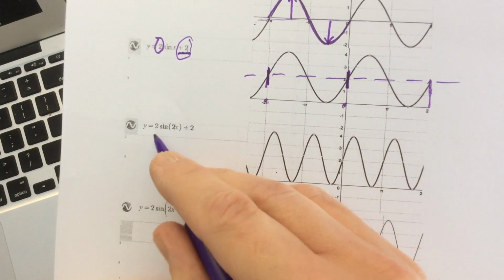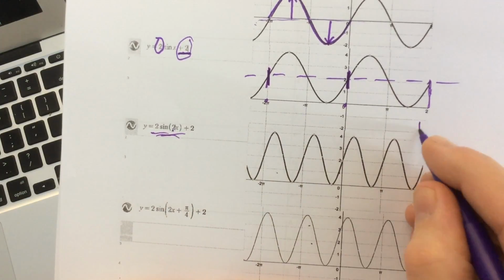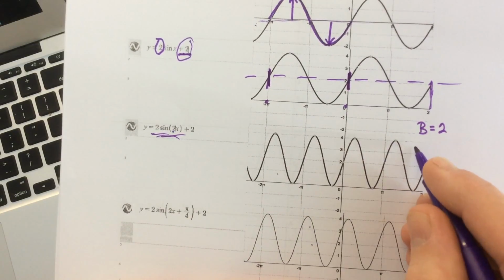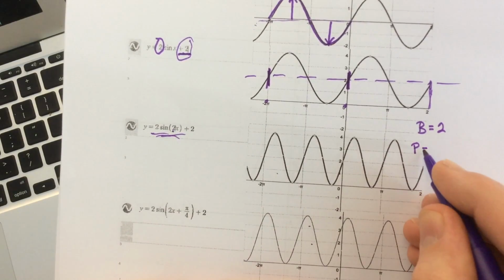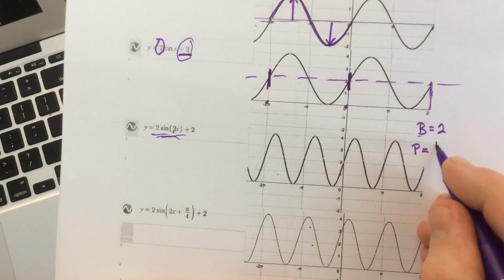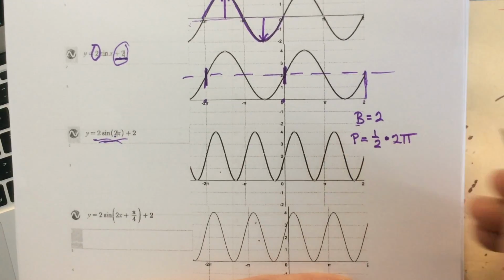But here, if we multiply by 2, if b is equal to 2, then the new period is going to be the reciprocal of b times the old period, which is 2 pi.